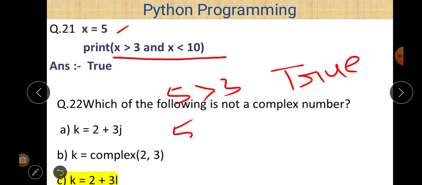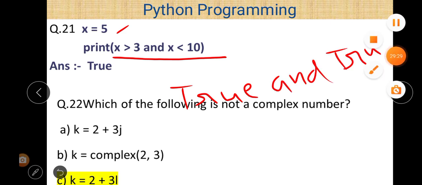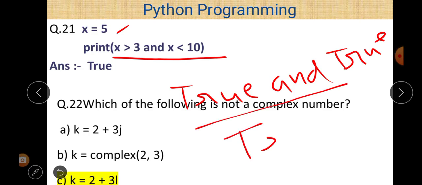Okay, now 5 is less than 10 is also true, and these two statements are separated by AND, so it simply means true and true. And according to the rule, when all statements are found to be true in the case of AND operator, then final answer should be true. So our answer is true in this case.